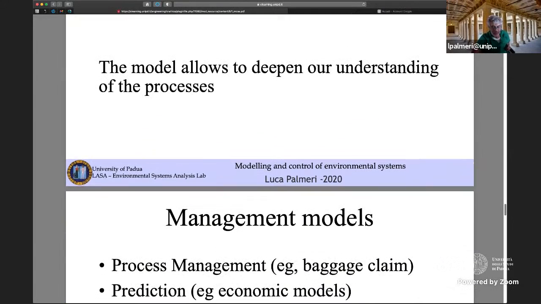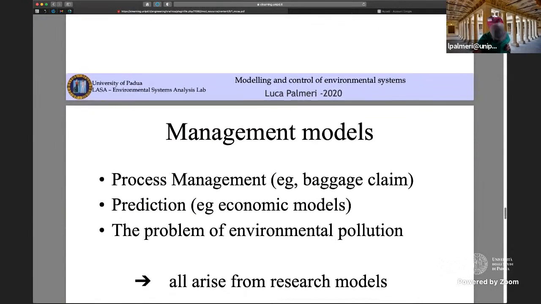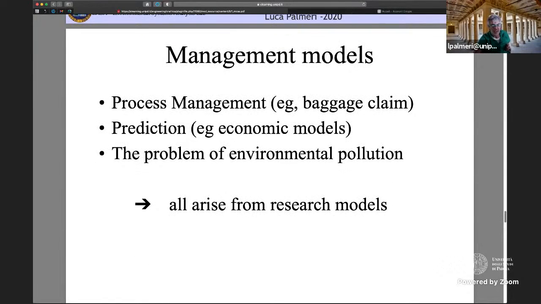I understand that this sounds a little bit weird to you, but by going into some examples later in the class, you will see that this makes some sense, or you will better understand what we mean by these sentences.